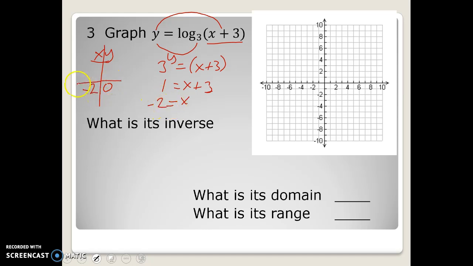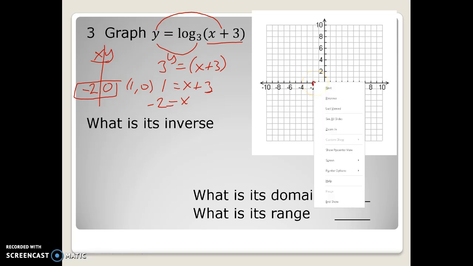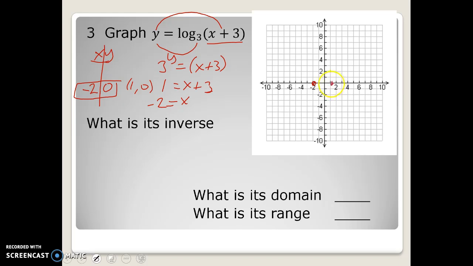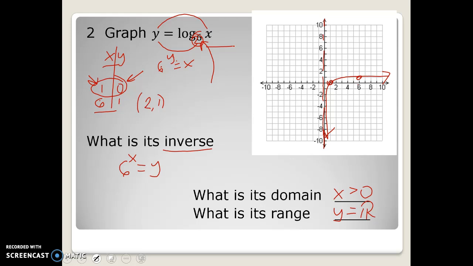So in the past, we always had a point that was 1, 0. Well, this is not 1, 0. This is negative 2, 0. To go from 1, 0 to negative 2, 0, I had to move over to the left 3 spaces. And so what did the x plus 3 do to my graph?